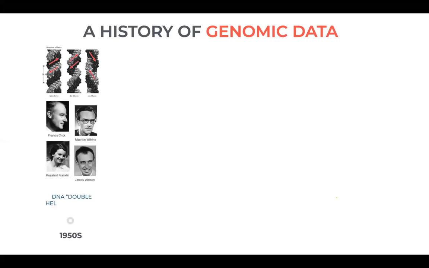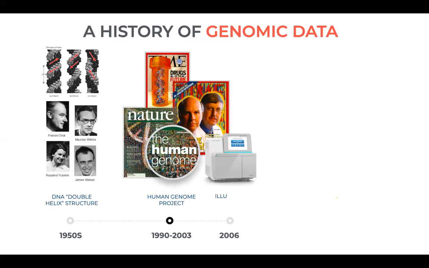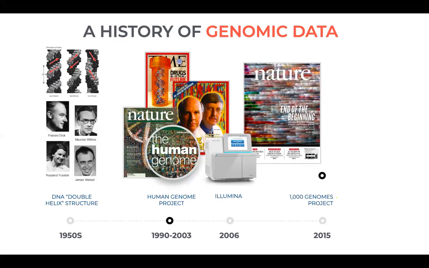So the discovery of the structure of DNA had a profound effect on the ability to study the genetic code, right? However, it took almost 50 years from that time to sequence the first human genome. Soon after, the technology started to evolve rapidly. By 2015, the 1000 Genomes Project came, and before that there was a revolution in the technology that evolved throughout that process.